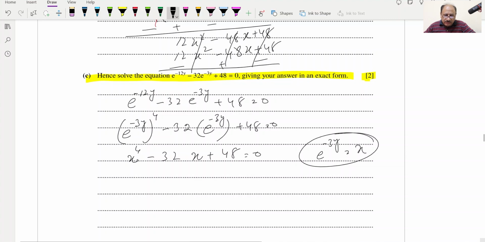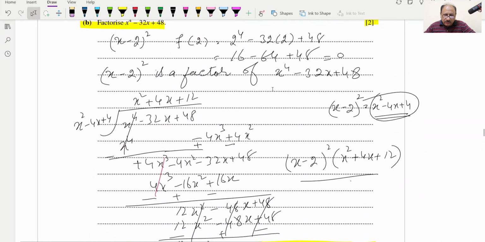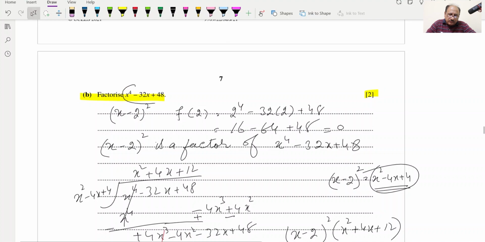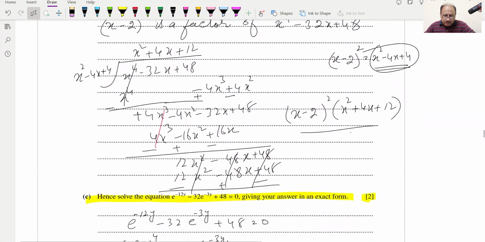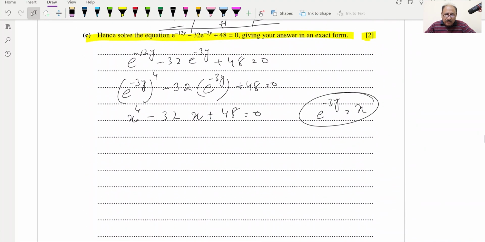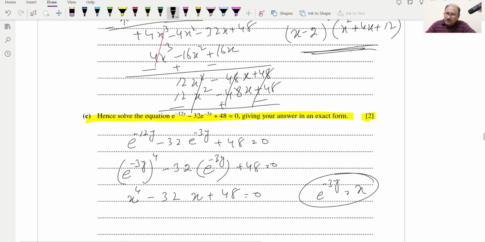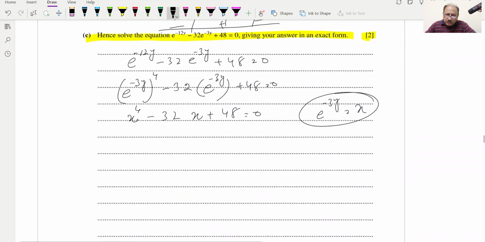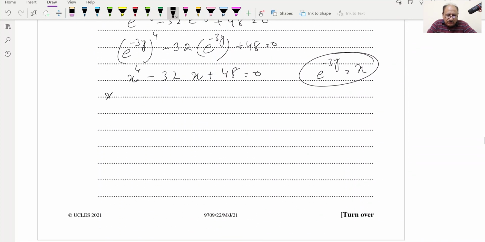And this is the same equation which we have factorized, x^4 minus 32x plus 48, and we know the factors of this are the ones we found in the previous part. So the same factors we can write: (x minus 2) squared into (x squared plus 4x plus 12) is equal to 0.